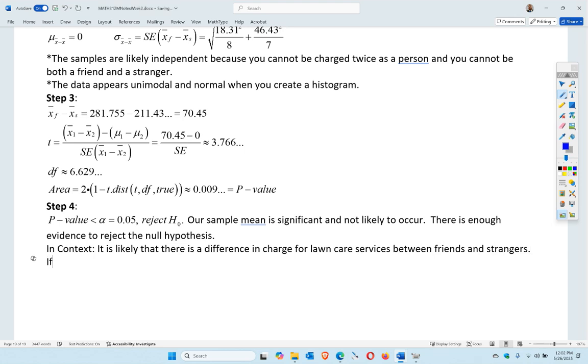So if there is an error, then it is a type 1 error because we rejected the null hypothesis. Okay, so if we didn't reject it, then it would have been a problem, right? Would have been probable type 2. Okay.